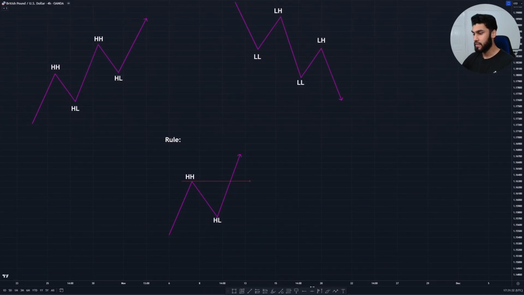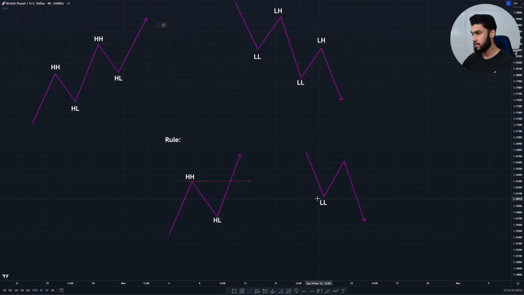And similarly, if you're in a downtrend, as you can see, you will need this lower low to be broken, creating another lower low, for this lower high to be established. So if we annotate it to make it nice and clear, you have a lower low point right over here.